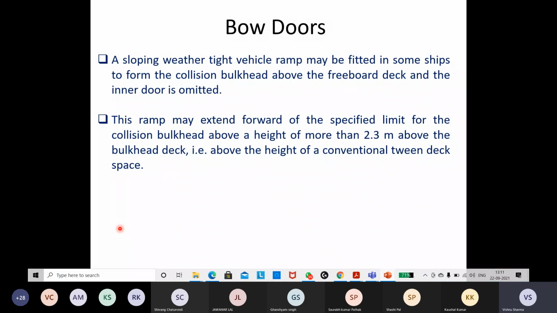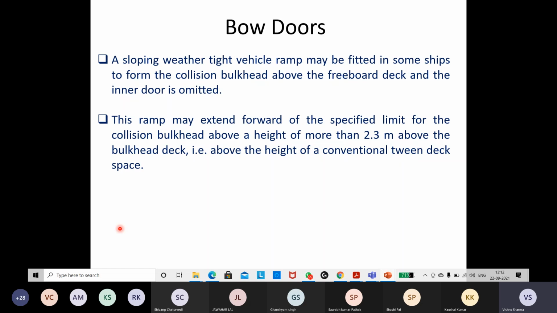That if this ramp is to be treated as part of the collision bulkhead above the freeboard deck, then above a height of 2.3 meters above the freeboard deck or the bulkhead deck, the ramp may extend forward of that 5% length limit.